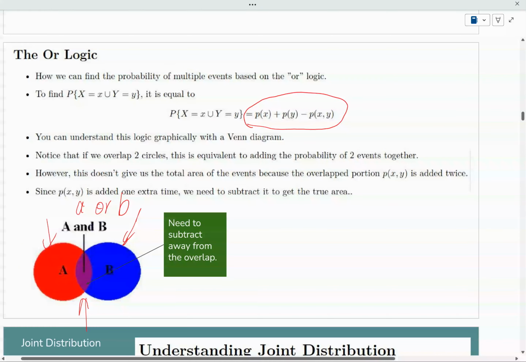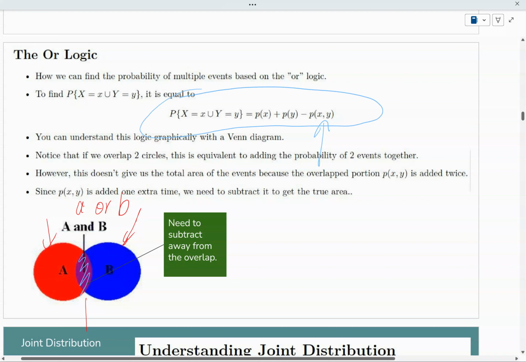So you have an additional area right here, an extra one. And therefore, you have to subtract the portion where X and Y, or A and B, happen. You need to subtract out this portion. Then you will get the total area instead of having one additional portion.